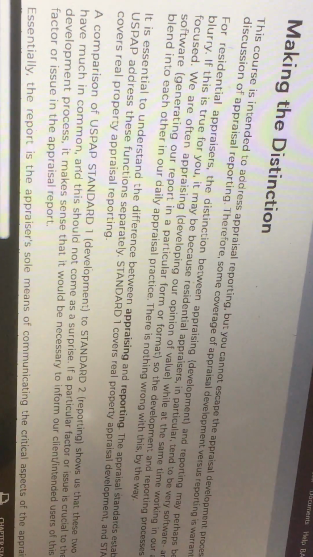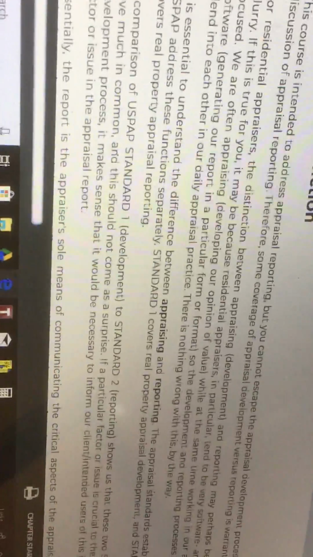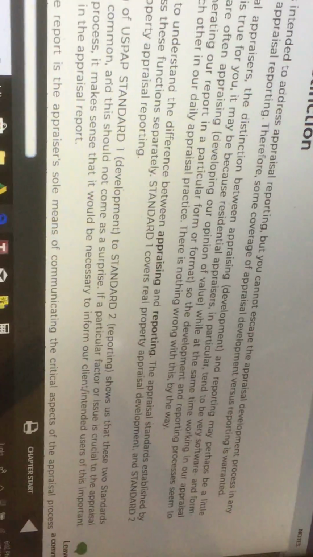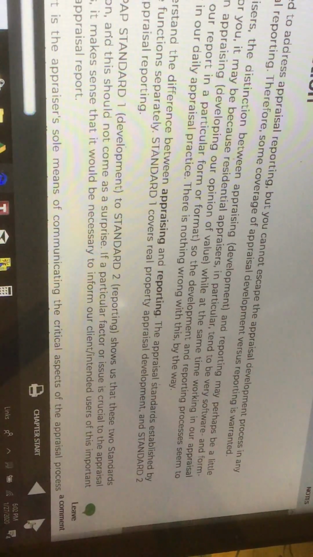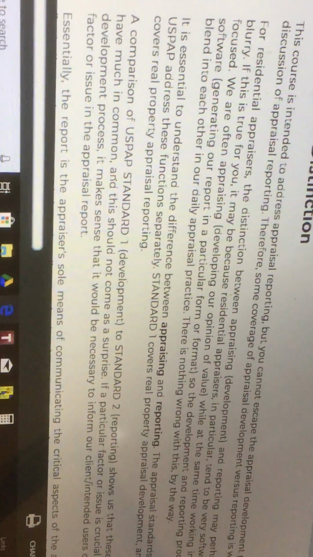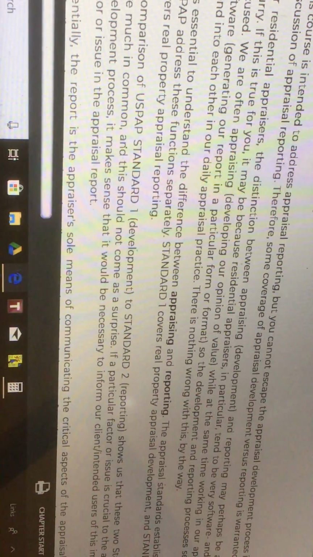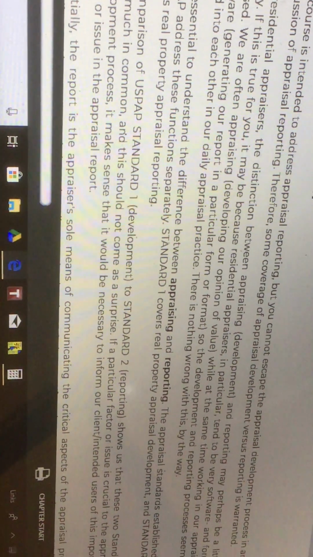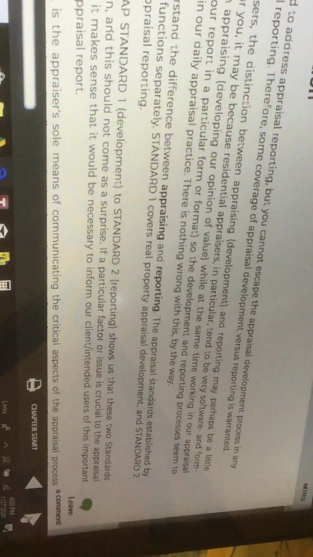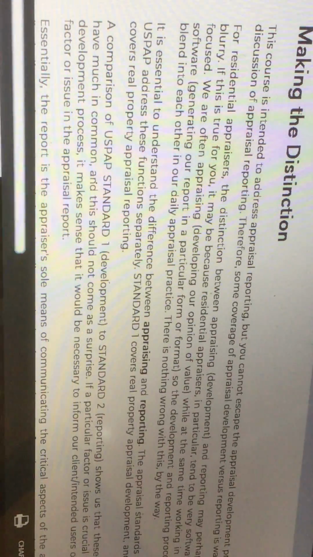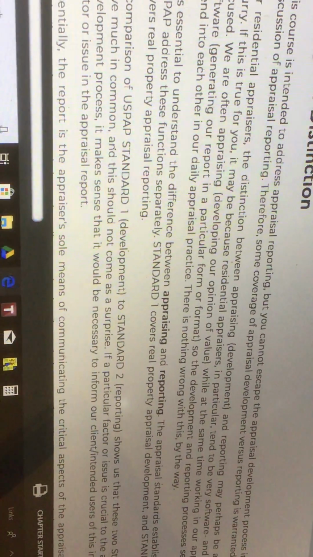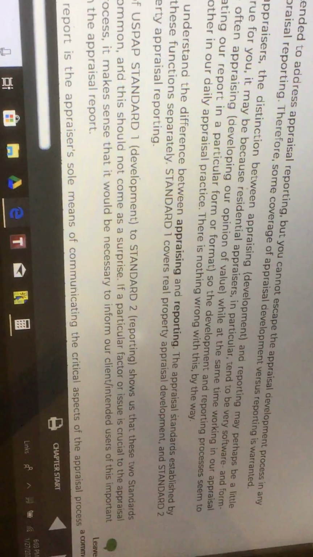If this is true for you, it may be because residential appraisers, in particular, tend to be very software and form focused. We are often appraising, developing our opinion of value, while at the same time working in our appraisal software, generating our report in a particular form or format.